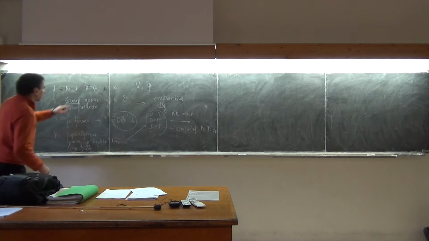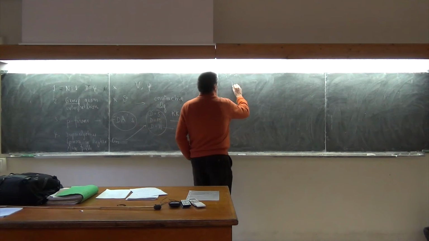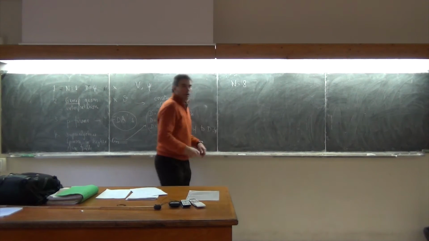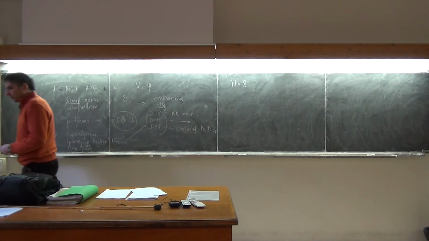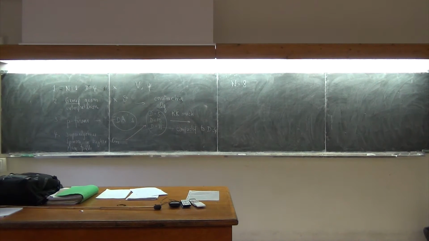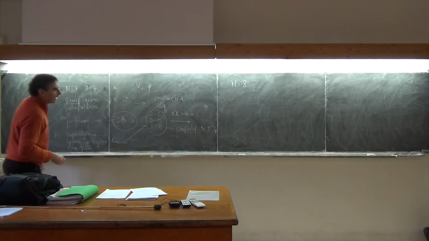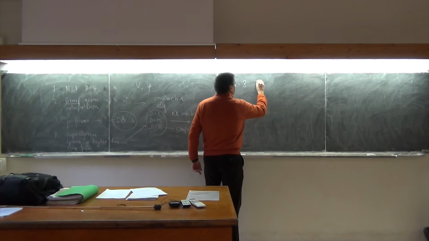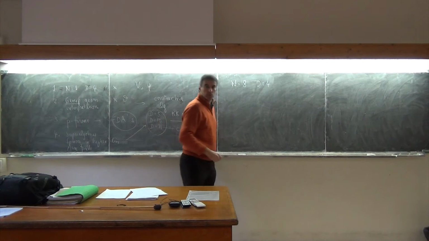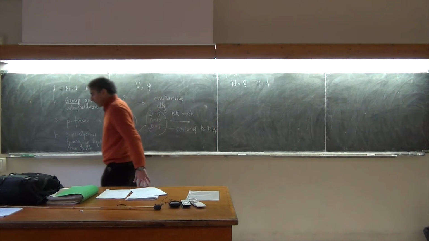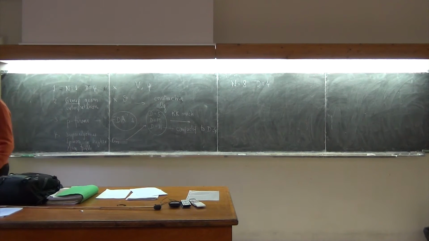This is not the case for the higher extended supergravity theory, n equal 8 with 8 supercharges, and here the finiteness is an open issue in the sense that computations are being done essentially by a few groups.